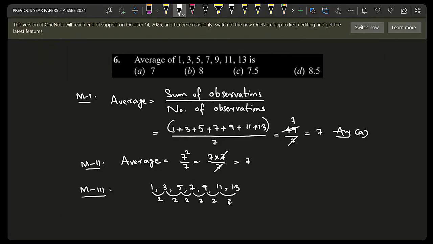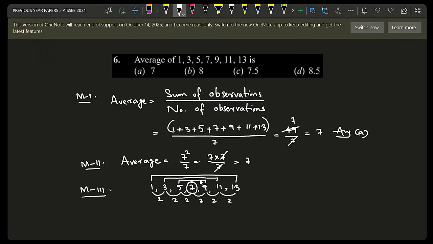When equally spaced numbers are there, the average is either the middlemost number, or the average of the first and last. Not only first and last, but also the second from the left and the second from the right, symmetric positions from left and right. You can also take the third from the left and third from the right.